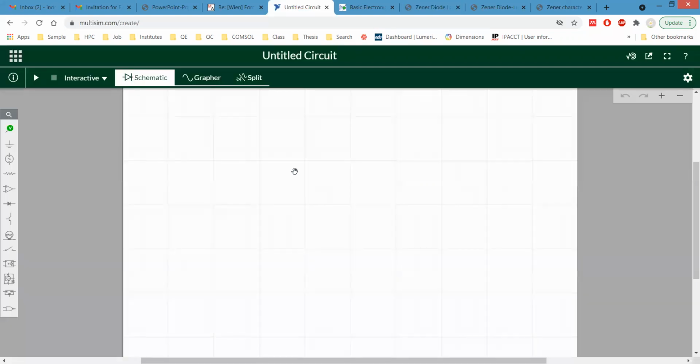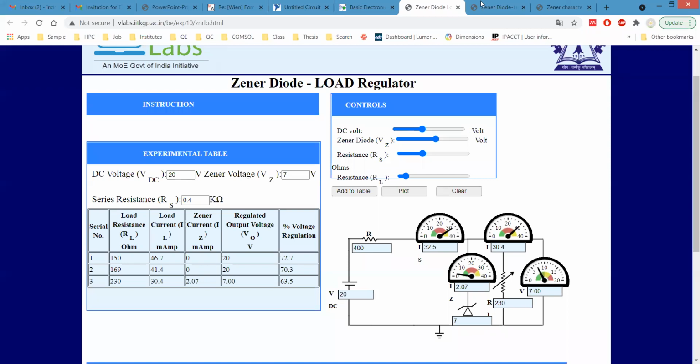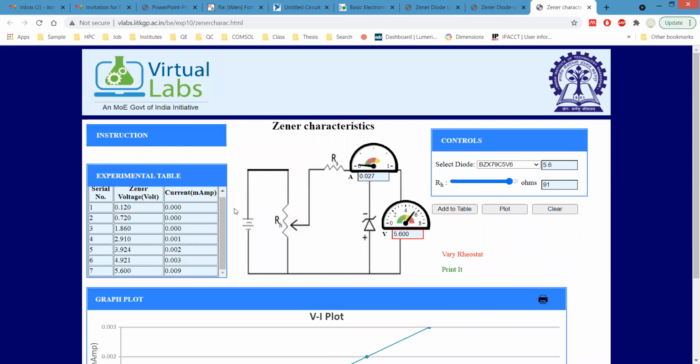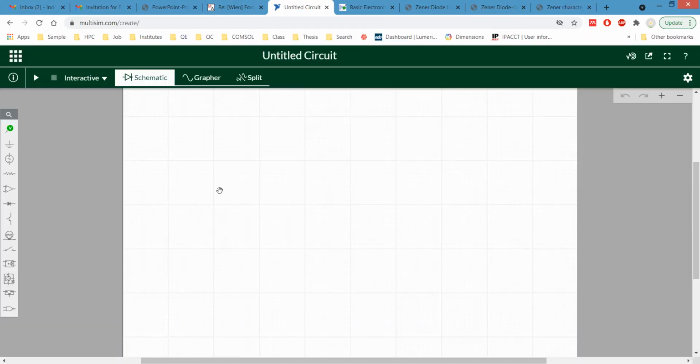Now we'll draw the circuit in Multisim. I already told you. Let's first draw the line regulation. No, first the Zener diode one, and the Zener diode characteristics.